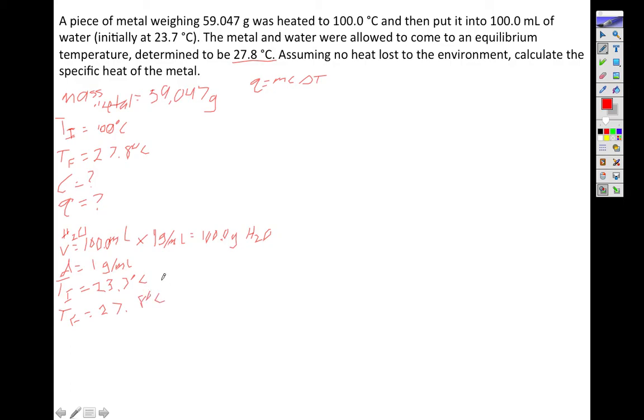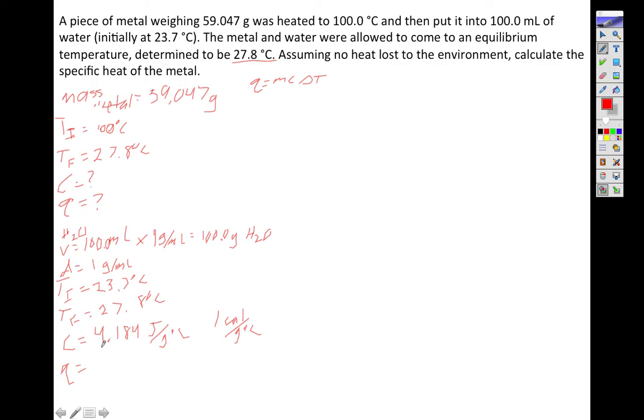The last little bit that I know about water is that water has a specific heat, or a C value, of 4.184 joules per gram degree Celsius. Or I could use calories, which is 1 calorie per gram degree Celsius. And based on this, I can then find my Q value.